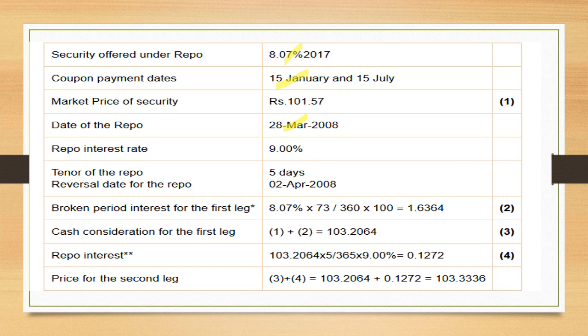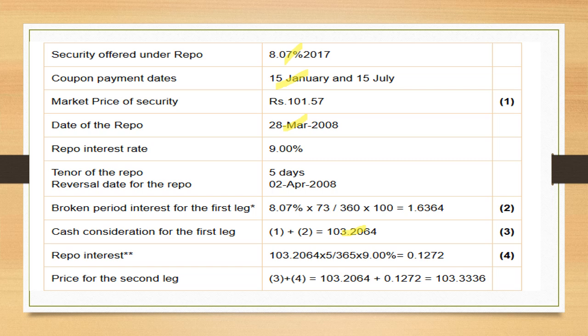This accrued interest is added to the market price of the security, and then you reach here. So after that, what you do is that you add to this the repo interest. So the repo interest will be calculated for 5 days because repo is for 5 days. So on this 103 rupees 20 paise, okay, 5 days repo is calculated at 9%, and this is the amount which is found, right?